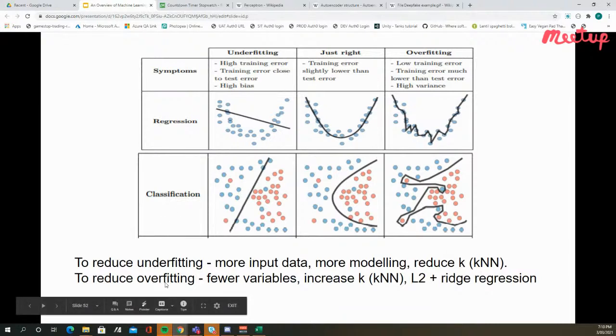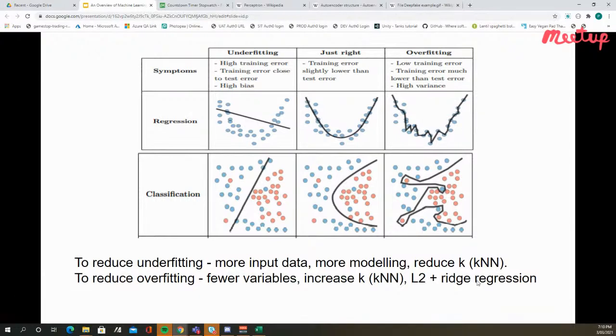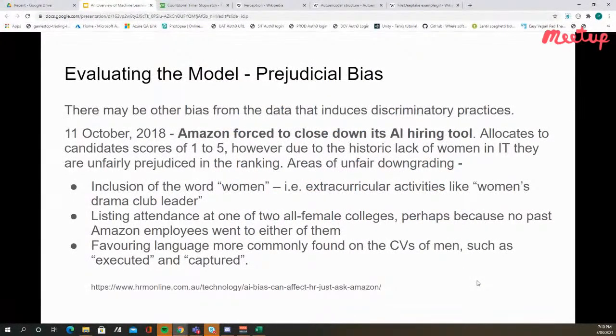If you're reducing overfitting, then you have fewer variables. You increase K, so it becomes a bit flatter like this. And there are techniques for linear regression called L2 and ridge regression, which are mathematical terms which I won't discuss here.